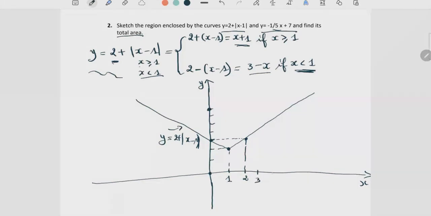If x is equal to 5, we have that our curve is now equal to 6. So 6. Right, so we have 2 points. Now we can draw our second curve, which is something looking like that.